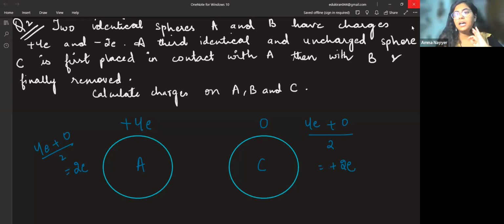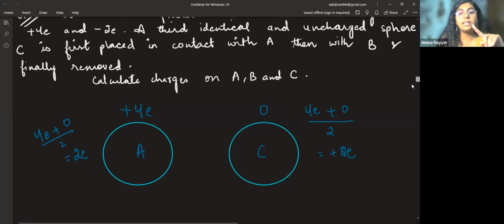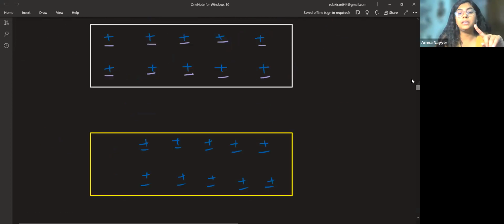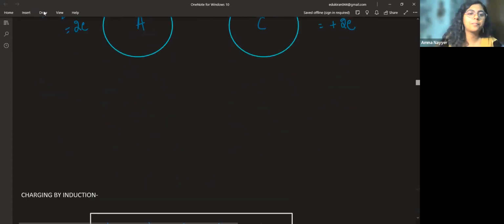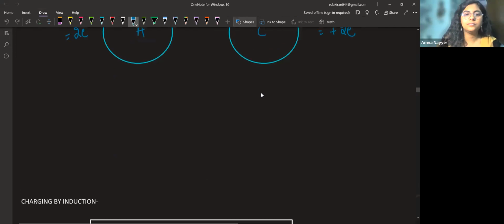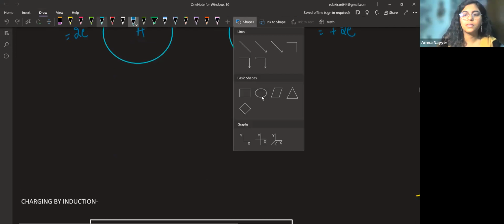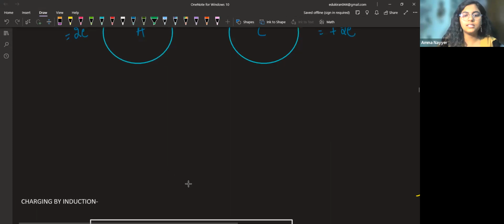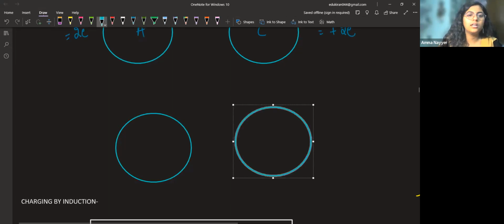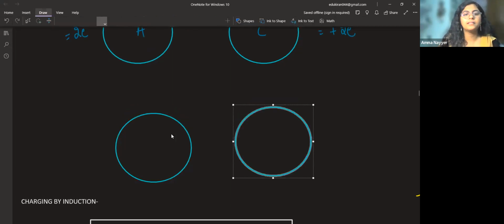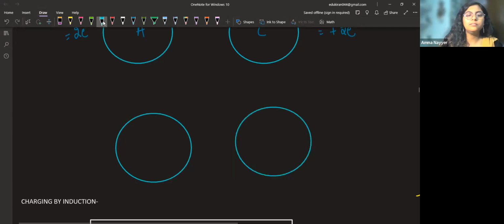All right. Now, come to the second part. Then C is made in contact with B. This is body C. This is body B. What was the charge on body B?